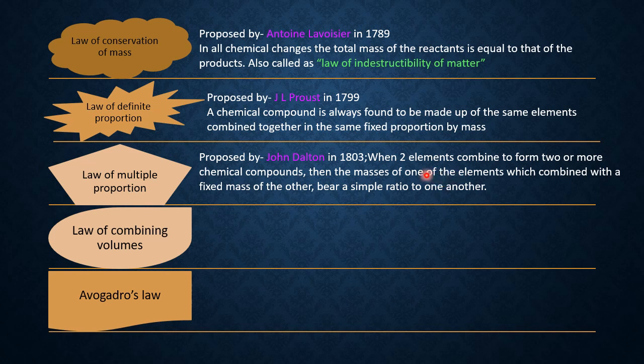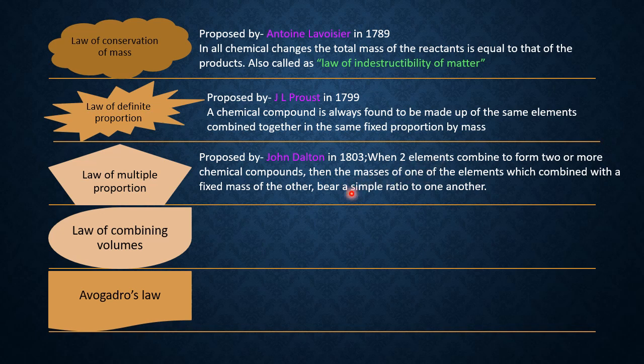In water, it is 1 O, whereas in hydrogen peroxide, it is 2 O. So you don't go for the ratio of the hydrogen, which is fixed here. You go for the ratio of the oxygen, which is not fixed. So the ratio of O between water and hydrogen peroxide bears a simple ratio. That means atoms participate wholly in the chemical reaction. That is the conclusion.